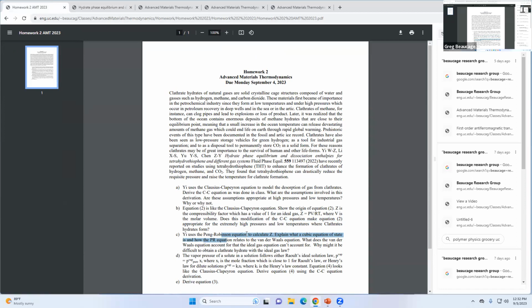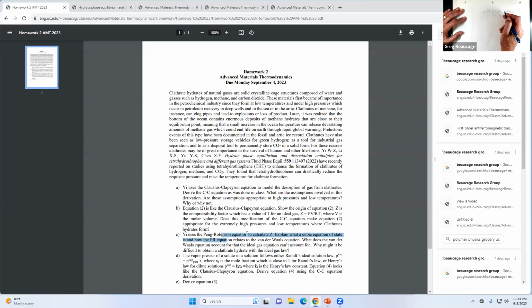Right. So a cubic equation is an equation that's got a cube in it. We have ax cubed plus bx squared plus cx plus d equals 0, which is a cubic equation, just got a power of 3, right?